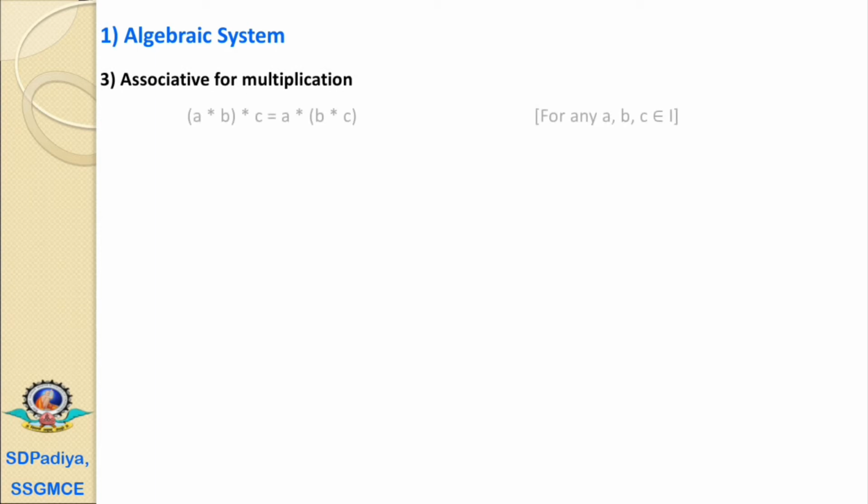Same for the multiplication over the set of natural numbers. We can say that (a × b) × c equals a × (b × c), and it is also commutative, that is a × b equals b × a, for example 5 × 7 equals 7 × 5.